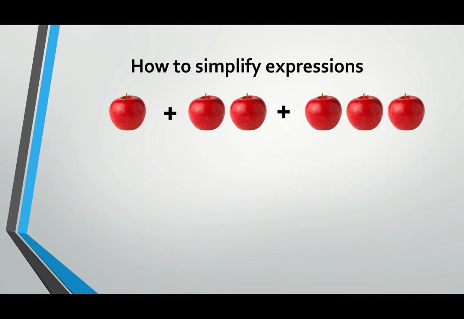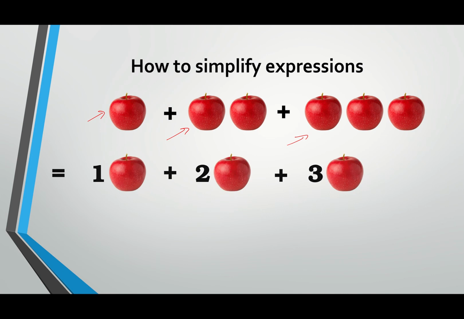Alright, so if I were to give you this expression, how would you simplify it? I have one apple over here, and then I have two apples and three apples, and you add them all up, right? So it's one apple plus two apples plus three apples. So what are you going to get?